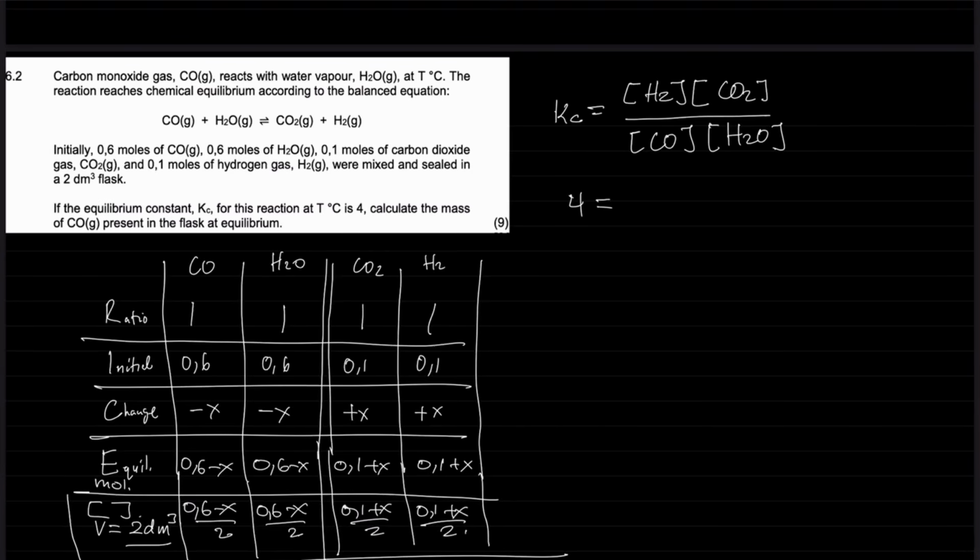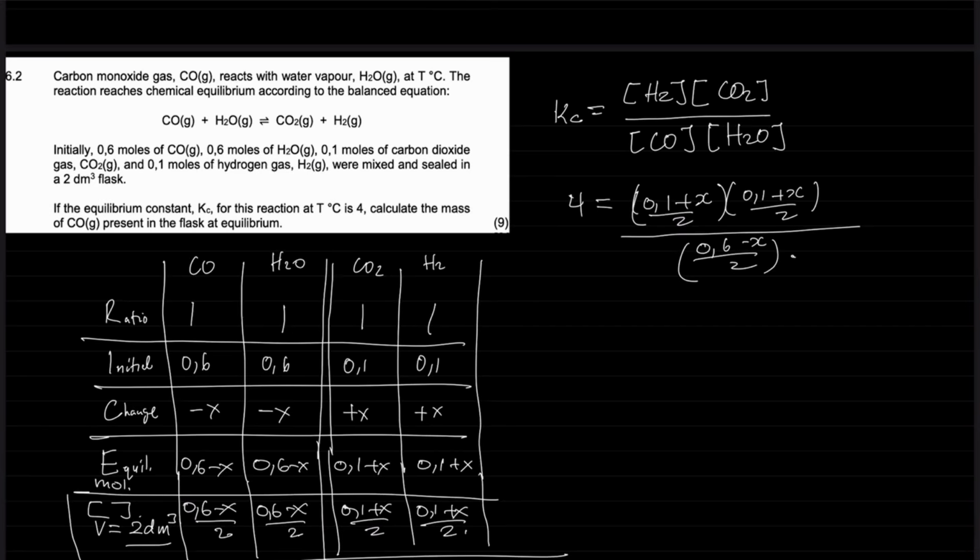In terms of X, we can substitute it into our Kc formula. So here we're going to have (0.1 plus X divided by 2) multiplied by (0.1 plus X divided by 2), and (0.6 minus X divided by 2) multiplied by (0.6 minus X divided by 2).